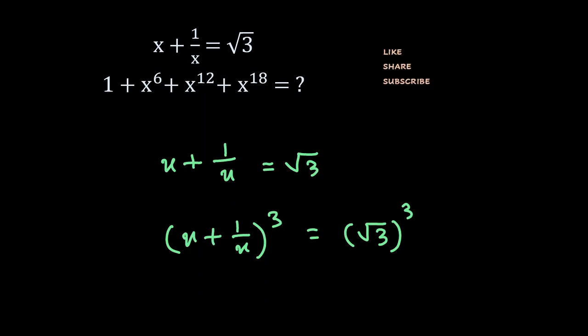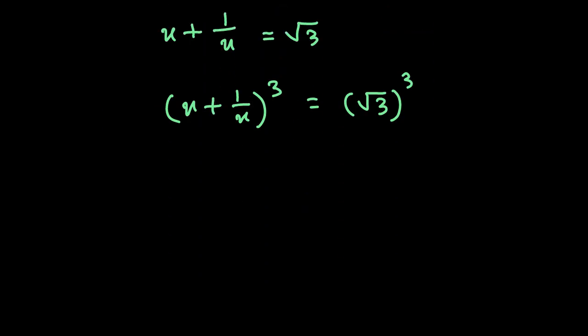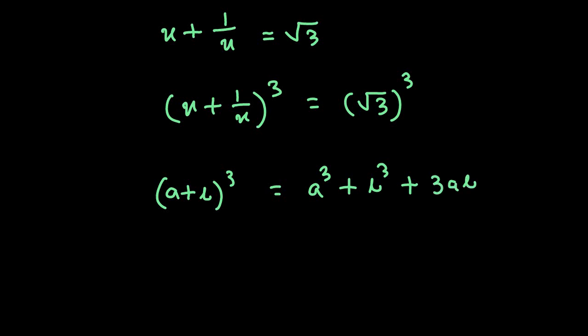Now we know that a plus b whole cube equals a cube plus b cube plus 3ab times a plus b.